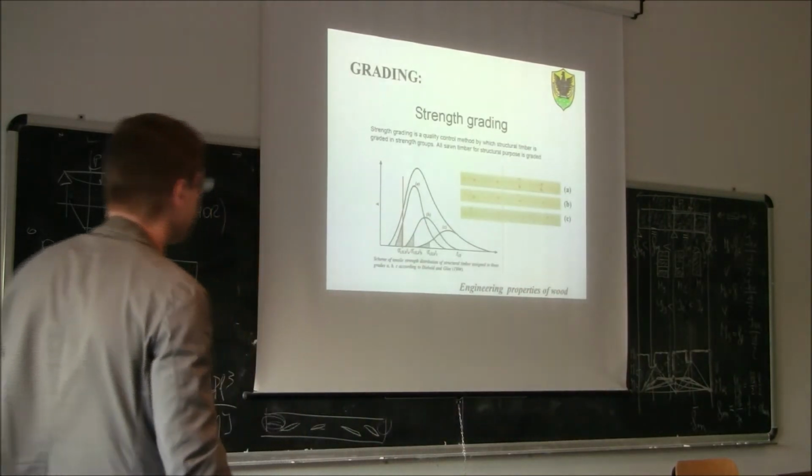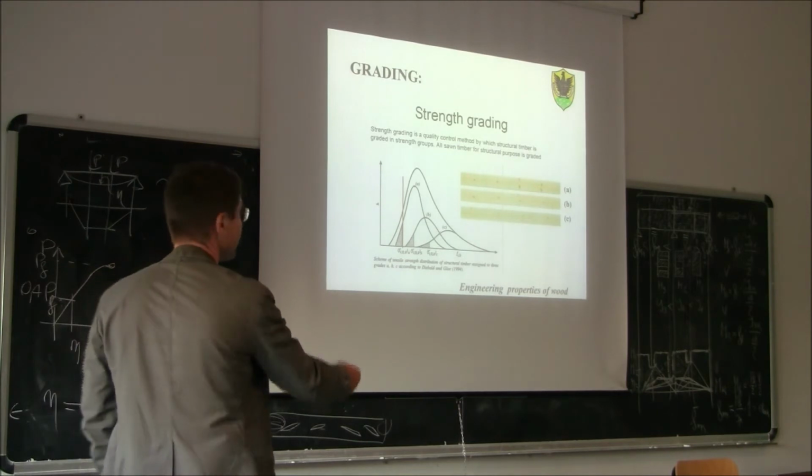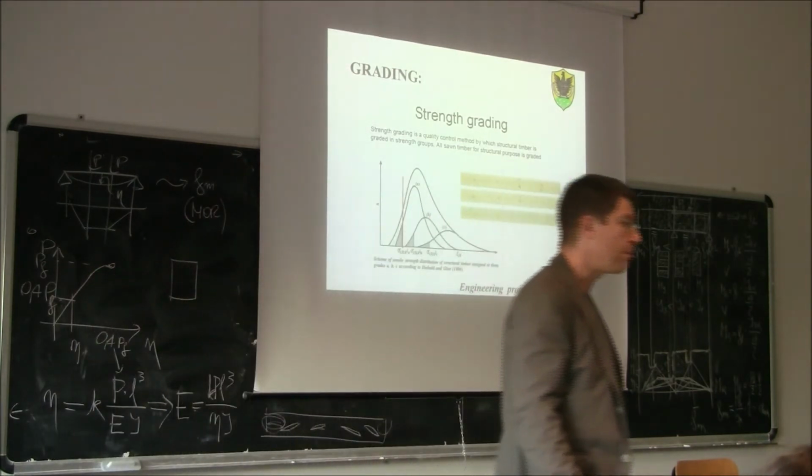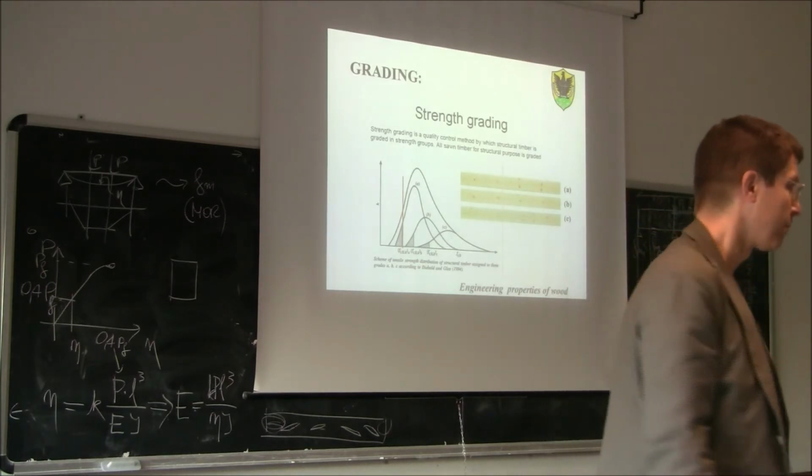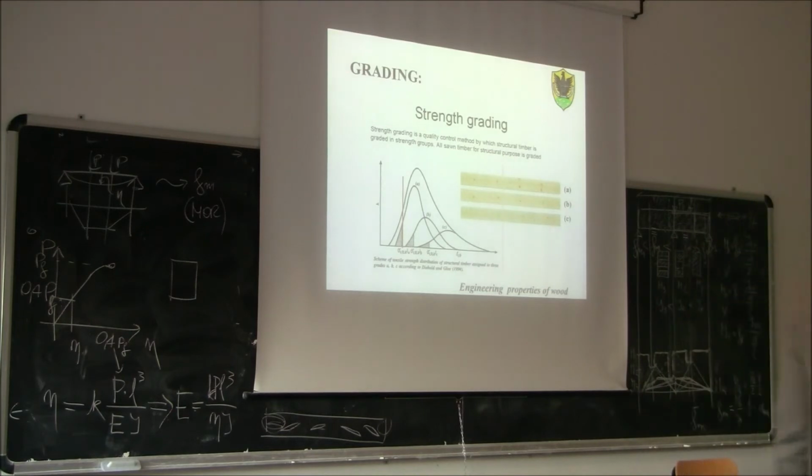Now, I have a question for you. You have 3 pieces of wood. In one piece of wood, you have few knots, big. In the other, you have many knots, much smaller. Which one would you prefer if you have to build a house for yourself? Why?